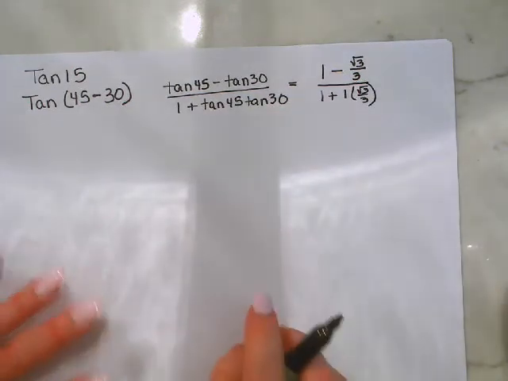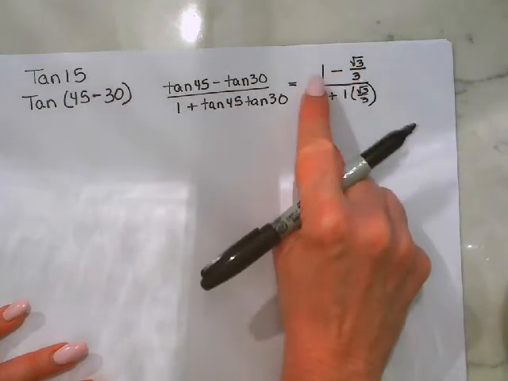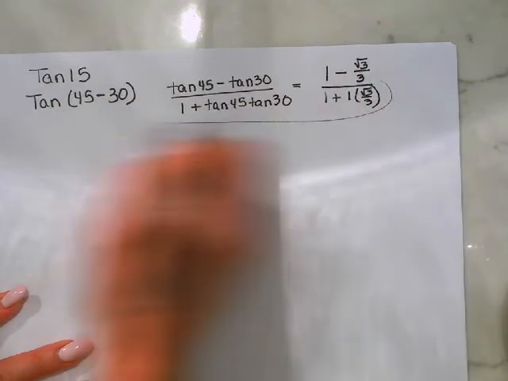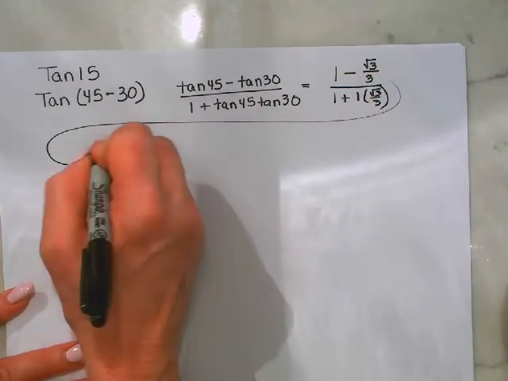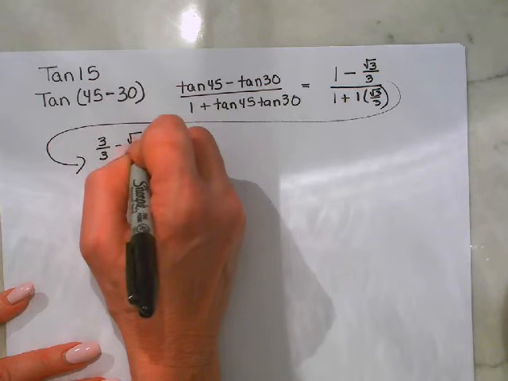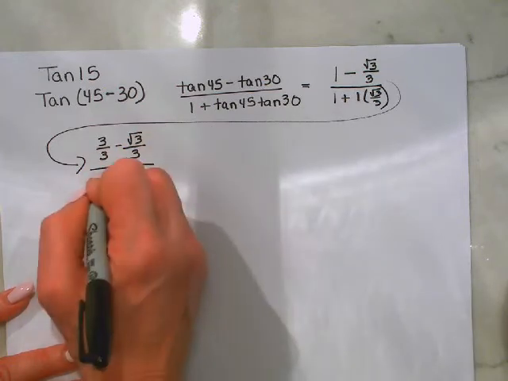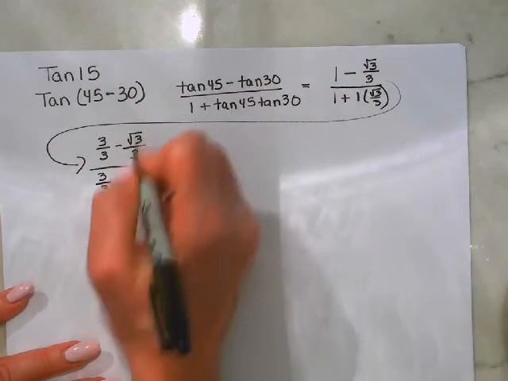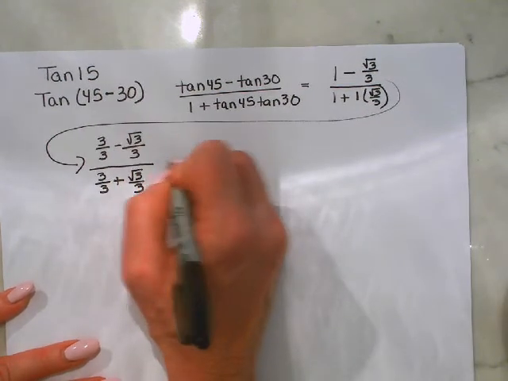Okay, we're going to have to simplify this, guys. I'm going to have to combine my numerator. This is 1 minus radical 3 over 3. What I can do, and I'm going to do it over here, is change that 1 to 3 over 3, which equals 1, minus radical 3 over 3, over, and again, this is going to be 3 over 3 plus 1 times radical 3 over 3.